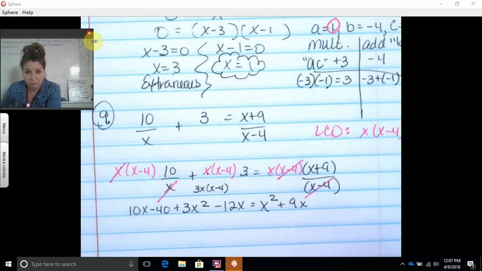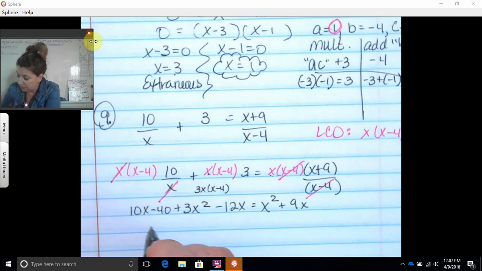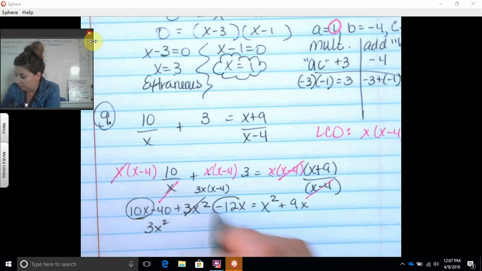Right on? Okay, on the left side, I have some like terms I can combine. 10x and negative 12x. So I'll worry about bringing stuff over in a minute. I'm going to put that 3x squared first. What is 10x minus 12x?